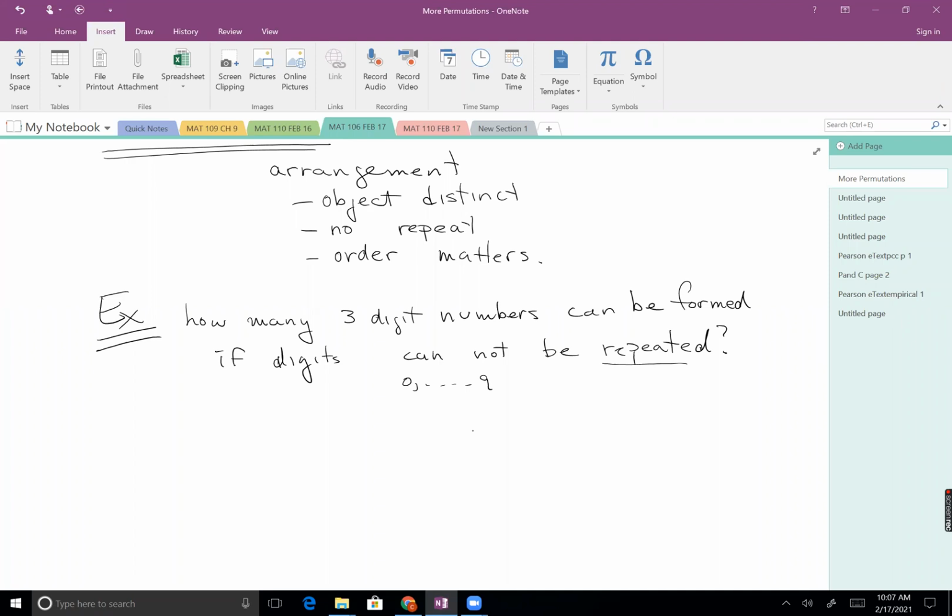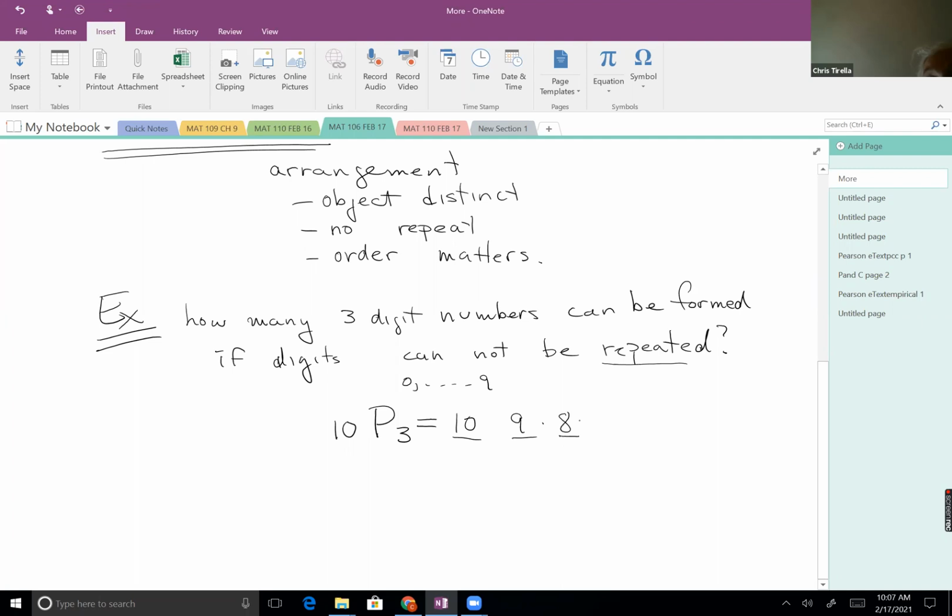And so we've got 10 digits to choose from, order matters, and we want 3. So 10P3 you can get from your calculator. Or if you're doing it by hand, it says I want the first 3 digits of 10 factorial. Either way, you get 720.